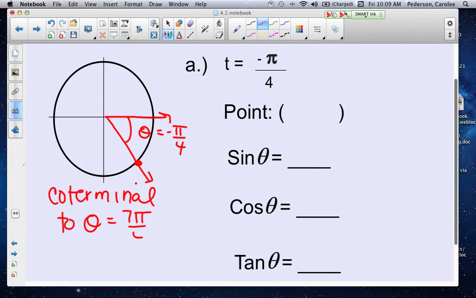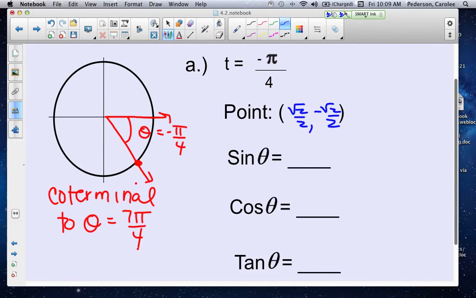So now, do you remember what 7 pi over 4 is? Got one of the easy ones. What's the point? Square root of 2 over 2, and then down negative square root of 2 over 2. Yep.